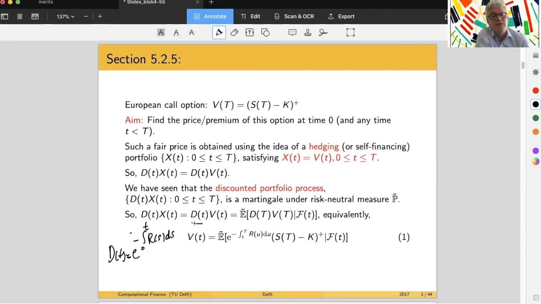Bringing this part to the right-hand side and combining it with this part gives us that the option value at time little t is the expectation under the P tilde measure of e to the power minus the integral from little t to big T of R_u du, times the payoff, the value of the stock at final time minus K plus, given the filtration up to time little t.